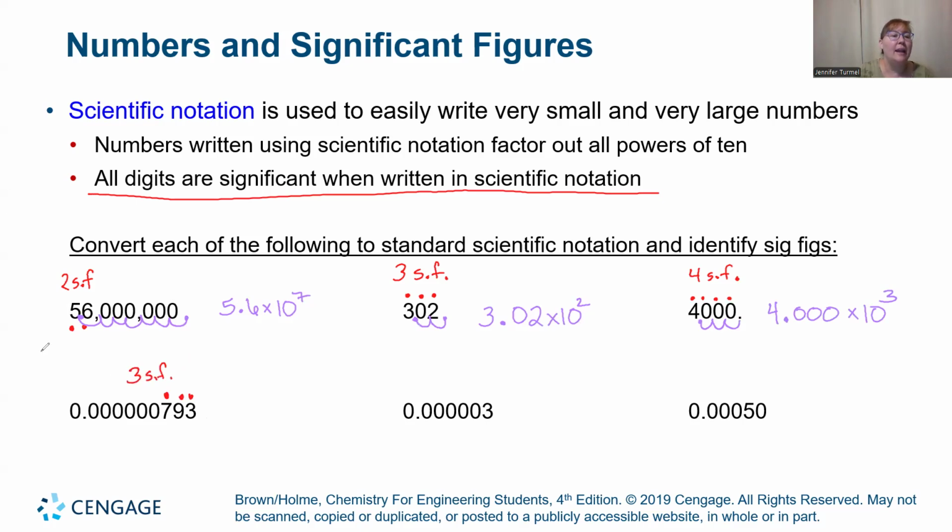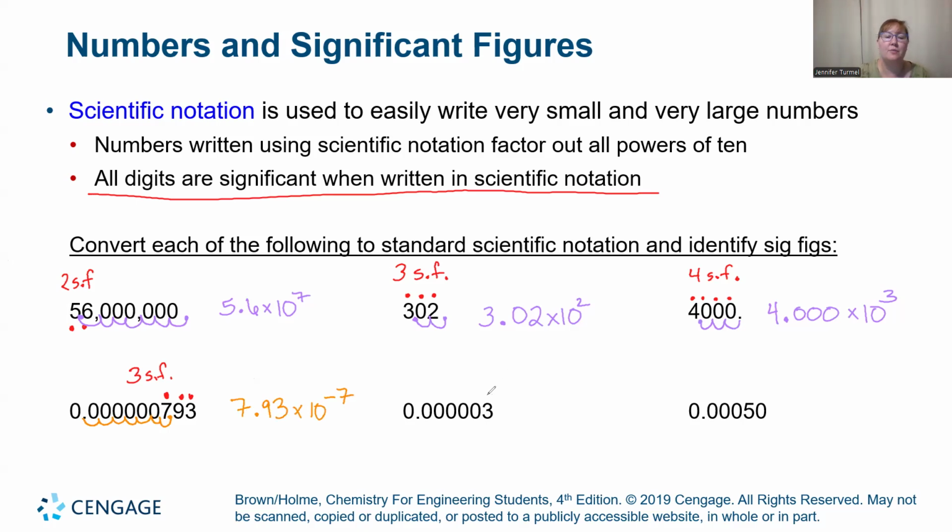Now what we do is we take the decimal point and move it in the other direction. So we have 1, 2, 3, 4, 5, 6, 7. And so this becomes 7.93 times 10 to the negative 7th.